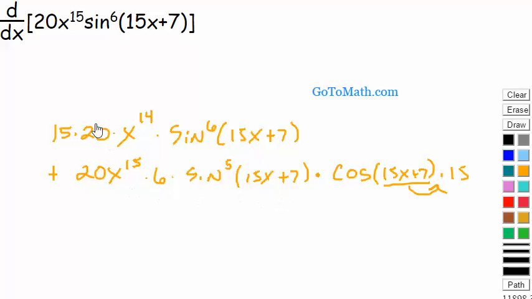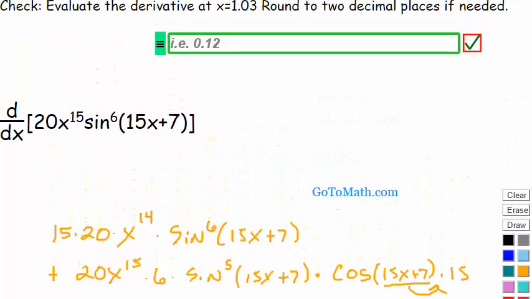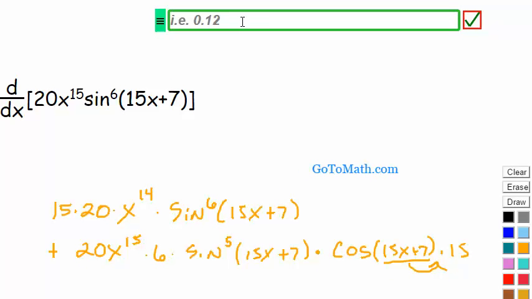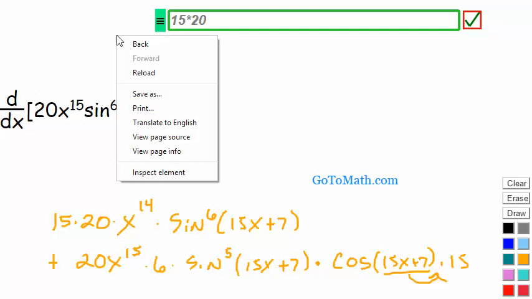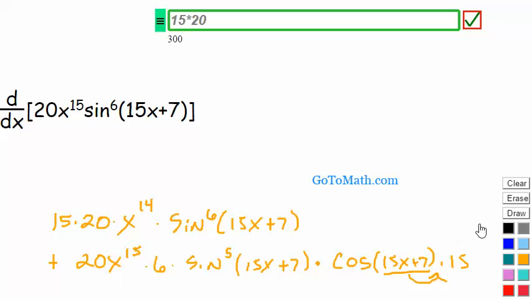Okay, so now what we want to do is go ahead and try to clean this thing up so maybe we can write it all in one single line. And that means I'm going to go up here to my calculator box, since it's a whole lot easier to deal with now. I'll let you multiply those two numbers in your head if you want. So we got 15 times 20, which is 300.